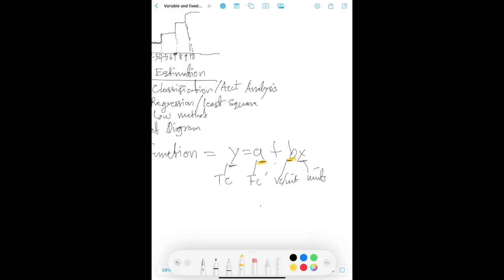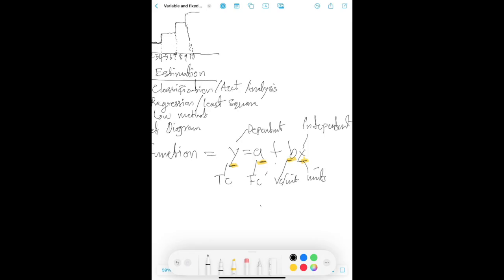Whereas y and x are variable. Now the y here, which is the total cost, is the dependent variable, whereas x is the independent variable. We will come to this later, meaning that y depends on x.